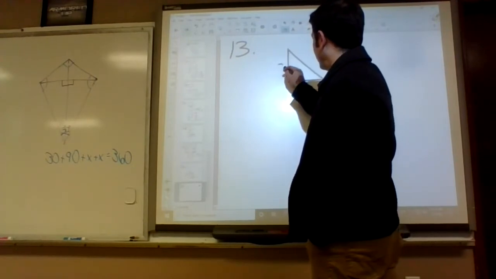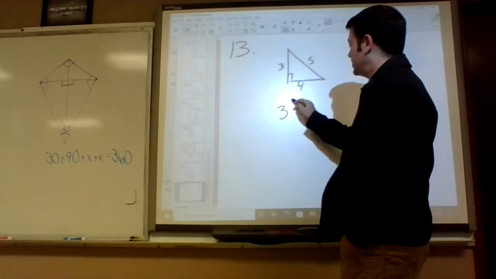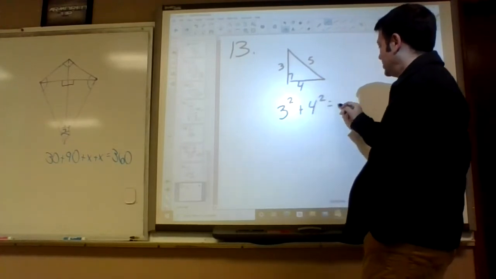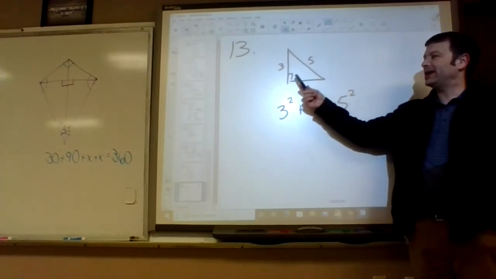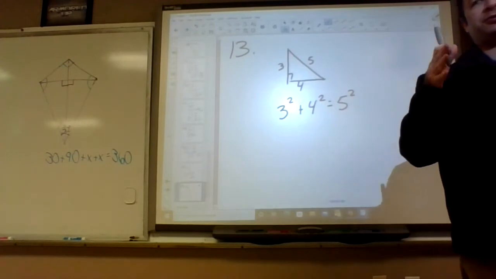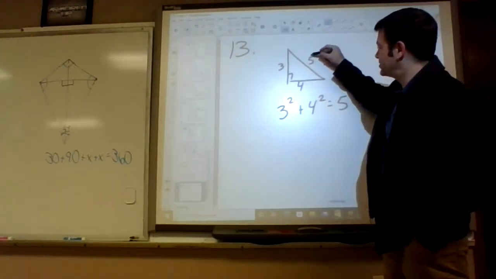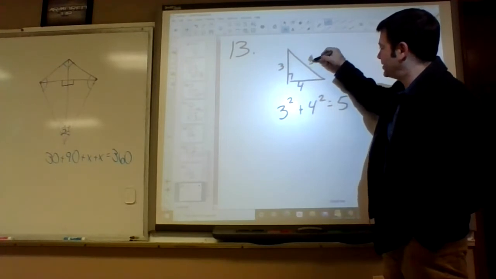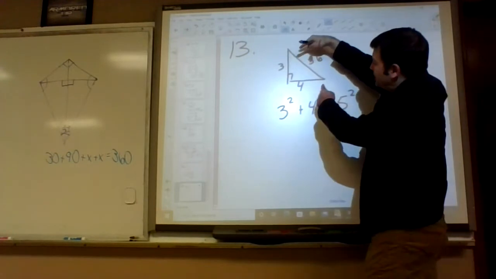If they gave us a triangle with sides 3, 4, and 5, if you do 3 squared plus 4 squared, it adds up to 5 squared. That means it has to be a right triangle. Pythagorean theorem only works in right triangles. But if I turned this 5 into a 6, the hypotenuse would get bigger, right?